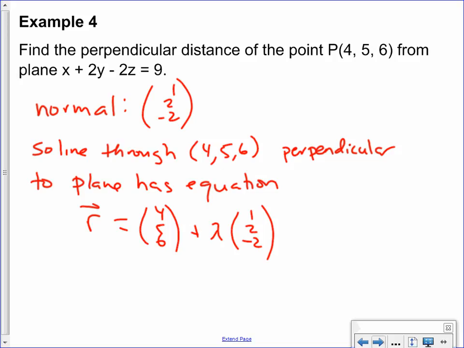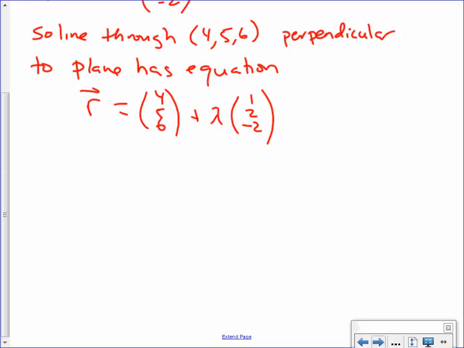Remember, if you let r be (x, y, z), then (x, y, z) is equal to 4 plus lambda, 5 plus 2 lambda, and 6 minus 2 lambda.